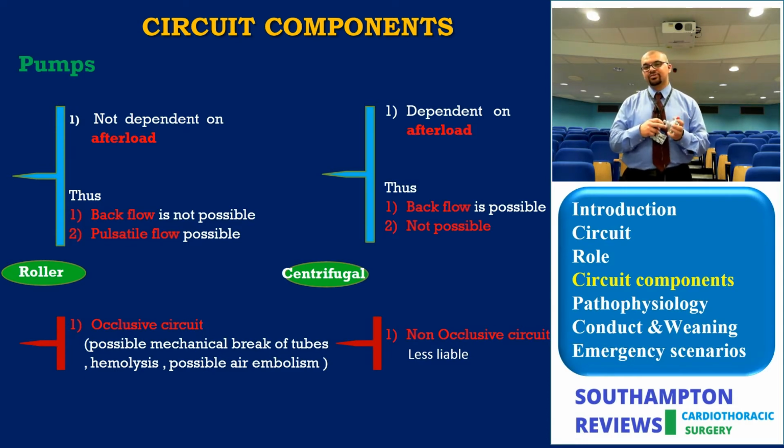The problem is that the centrifugal is dependent on the afterload, which makes it at risk of backflow. So if the pressure gradient across changes, this might cause backflow, and also it's not possible to perform pulsatile flow. The roller pump can imitate pulsatile flow, and it's not dependent on the afterload. As we said, the roller pump is an occlusive circuit, so it creates more hemolysis, whereas the centrifugal pump does not.